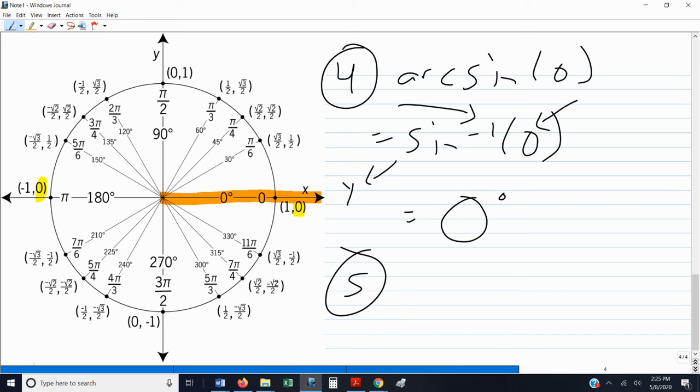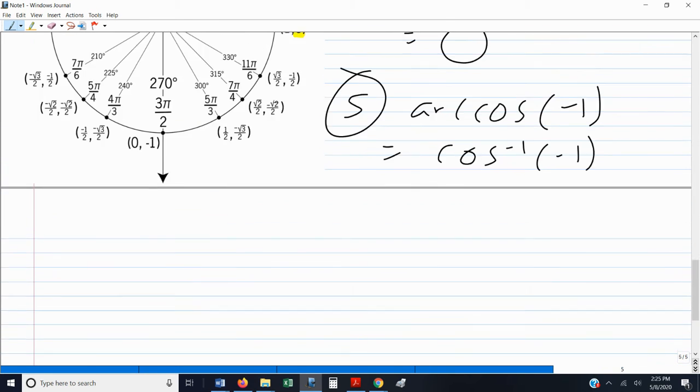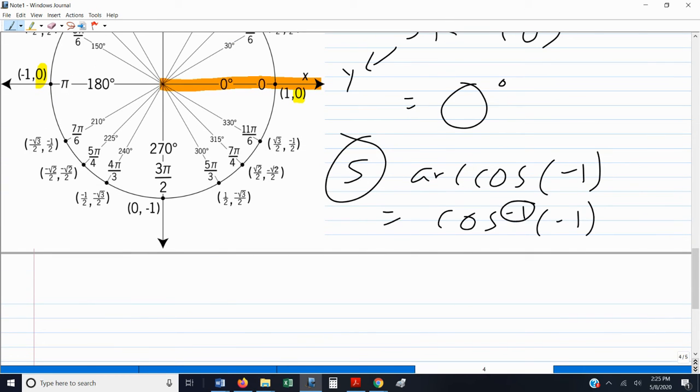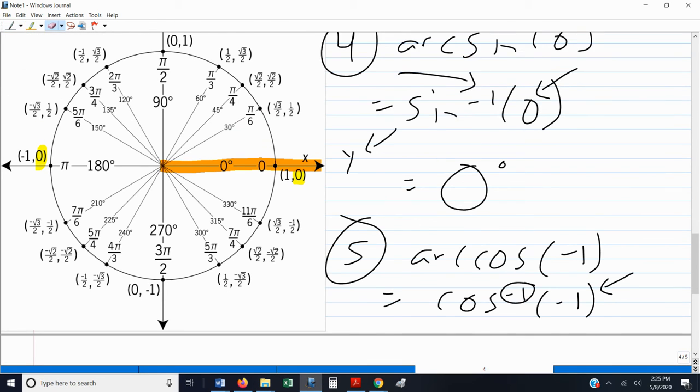Okay, and then the last one in this set, let's do arc cosine of negative 1. Arc cosine is the same as inverse cosine. And remember, the inverse is saying what angle will give me a cosine of negative 1. Cosine is the x value.